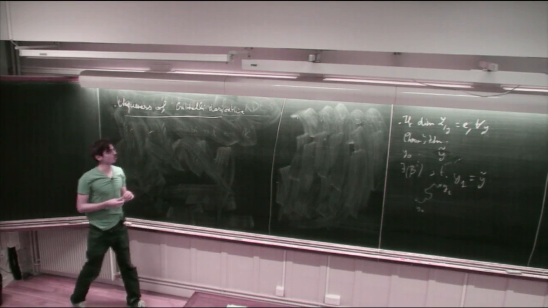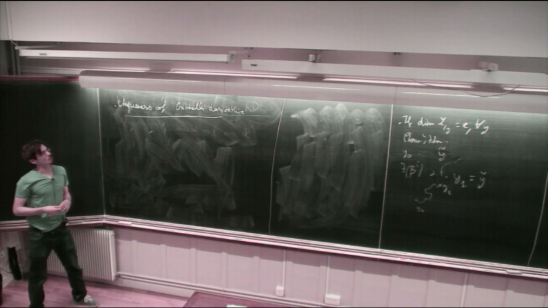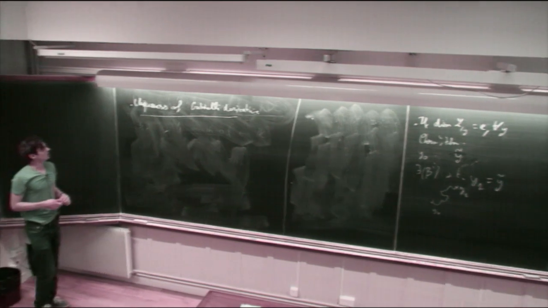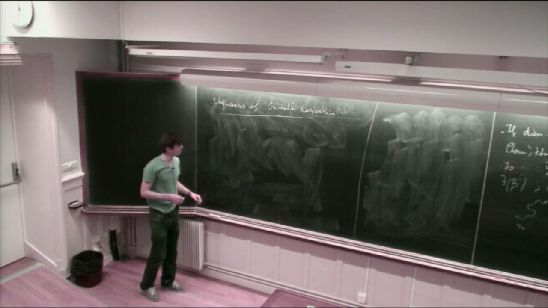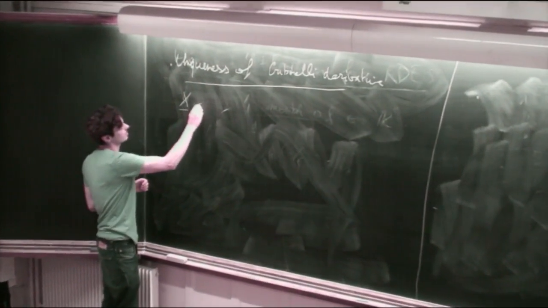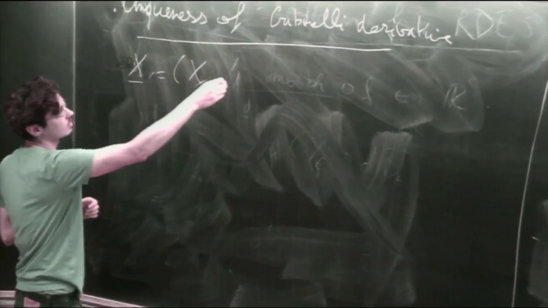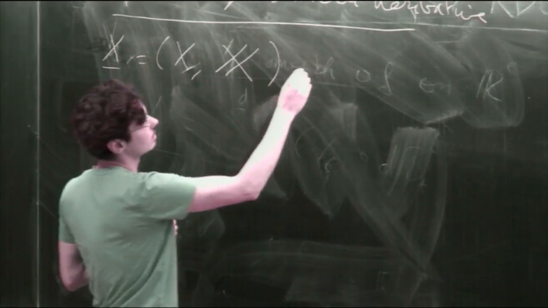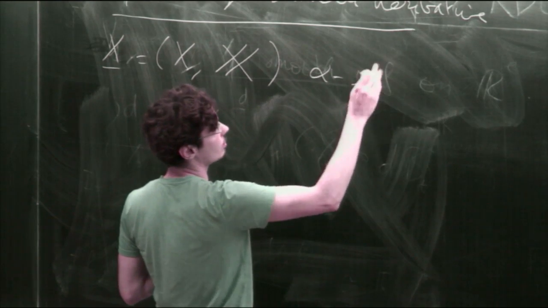Let me recall some of what Peter explained yesterday or Tuesday about what controlled paths are. We have a fixed reference rough path, which is a path plus its iterated integrals, say an alpha-Hölder rough path.